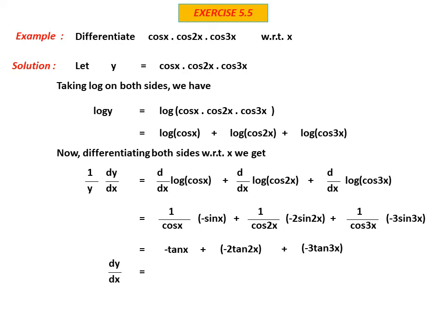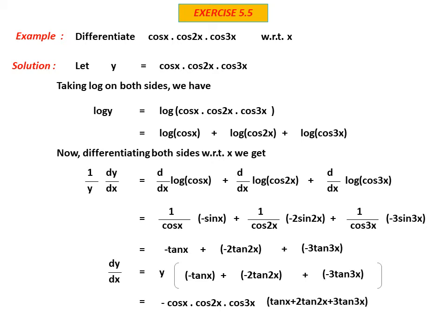Now the last step is cross multiply y. Therefore dy by dx will be equal to y into this, minus tan x minus 2 tan 2x minus 3 tan 3x, that is equal to minus cos x into cos 2x into cos 3x into, minus I have taken out. So this is the final answer.